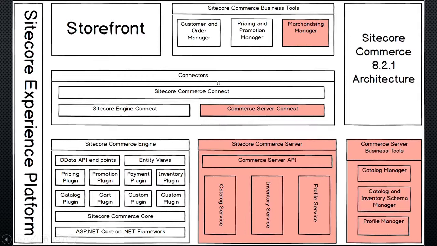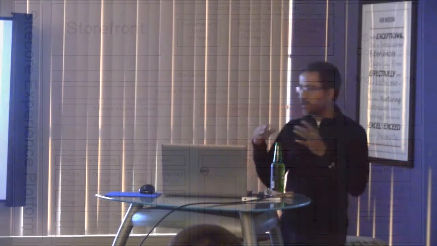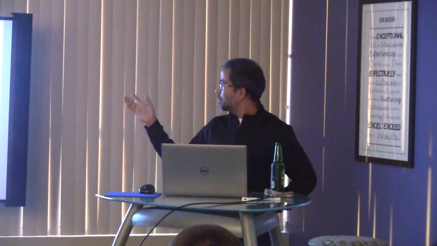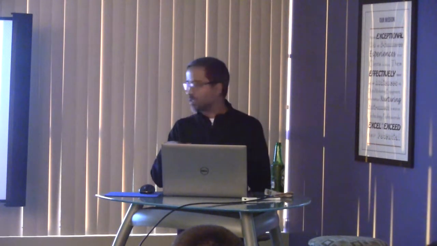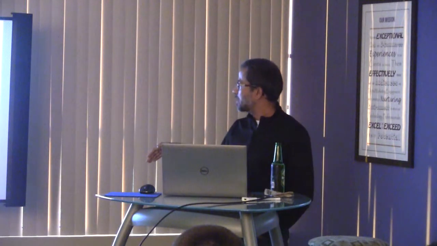It doesn't really go directly to the commerce engine and talk to it. Okay, so connectors are basically a bunch of pipelines and events and a defined framework. So it goes through those connectors and then talks to Sitecore Commerce Engine or Sitecore Commerce Server.